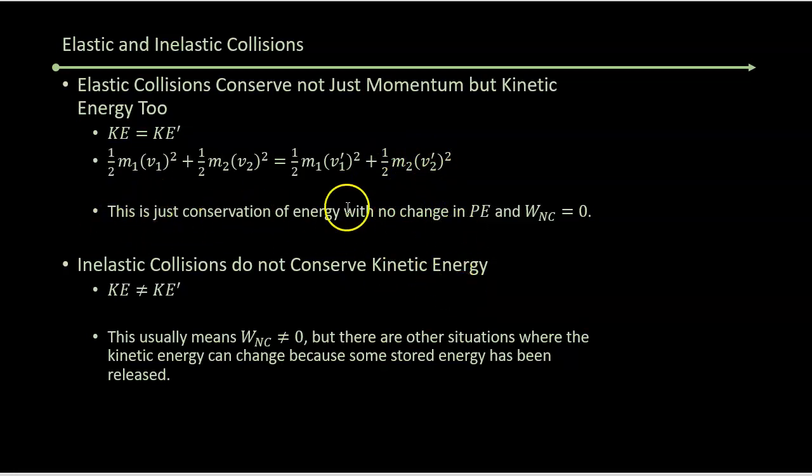This is conservation of energy with no change in potential energy and the work due to non-conservative forces equal to 0. The biggest place kinetic energy is usually not conserved is when non-conservative forces are not 0.